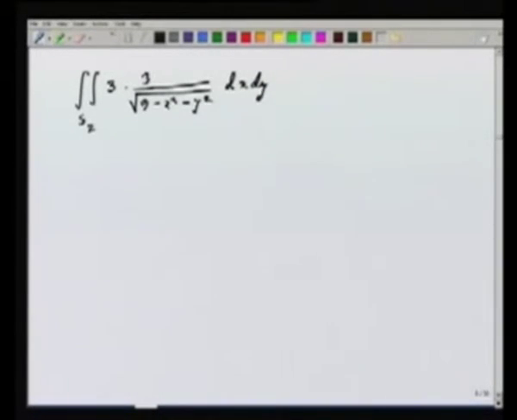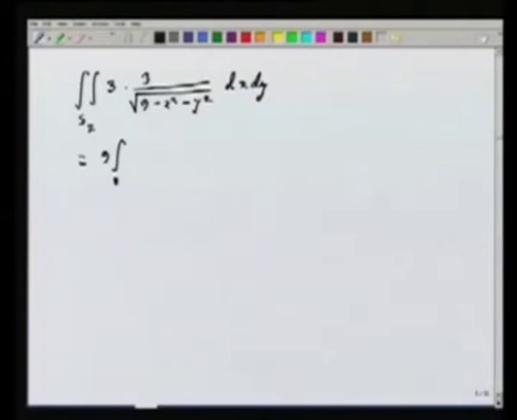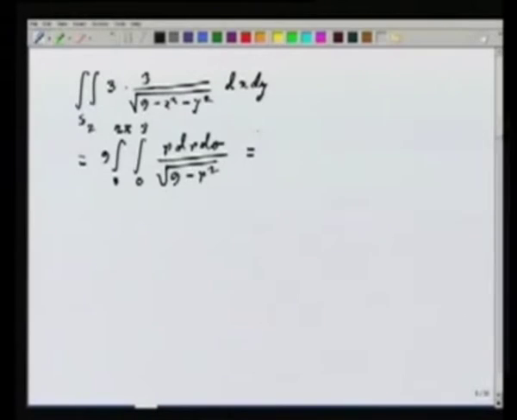Now I can write this in polar coordinates as 9, integral 0 to 2 pi, then the variation of the radius vector 0 to 3, r dr d theta divided by square root of 9 minus r square. Okay. This integral you can easily calculate and just check that it turns out to be 54 pi.